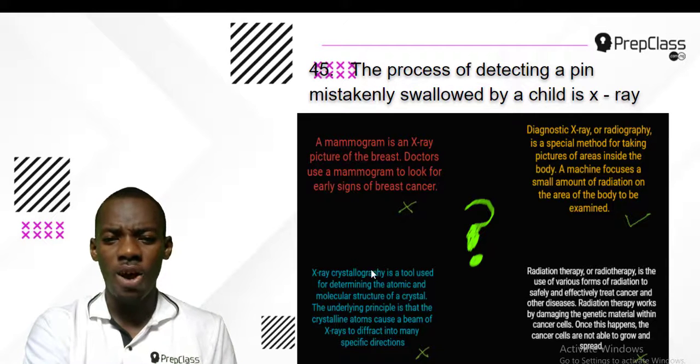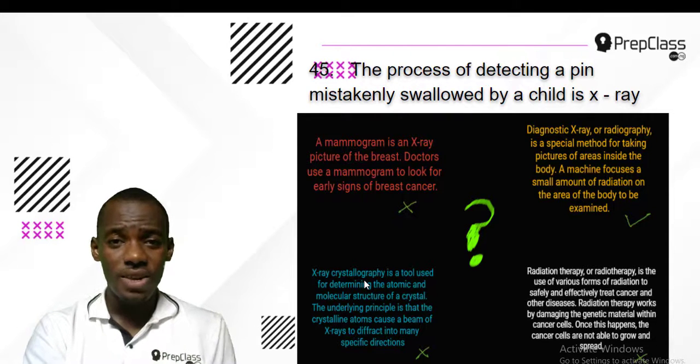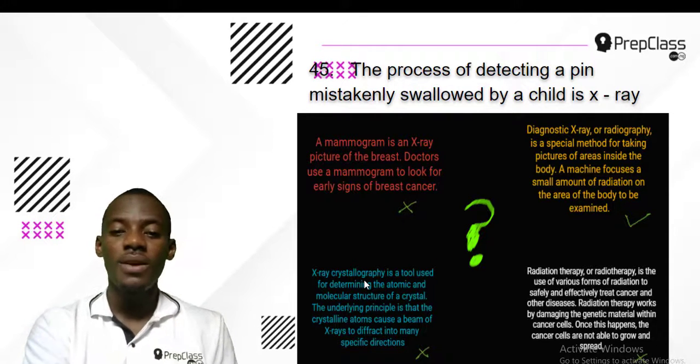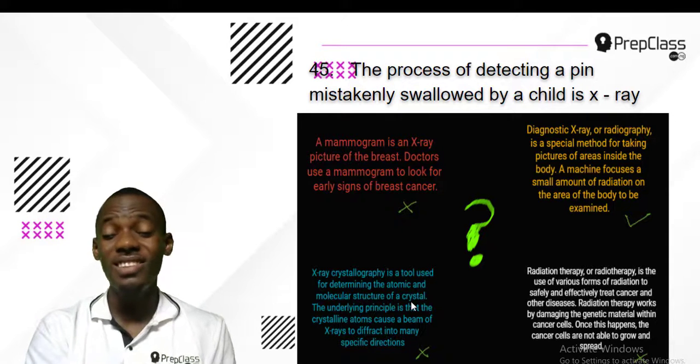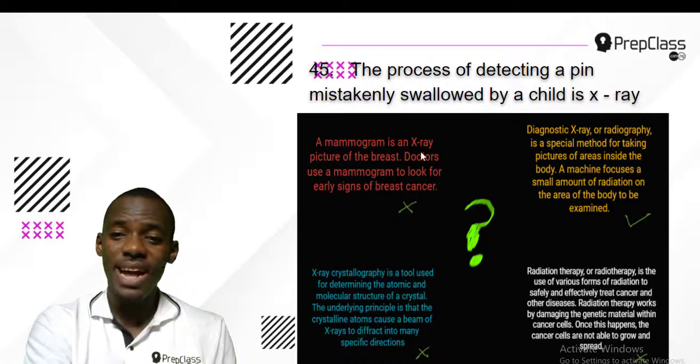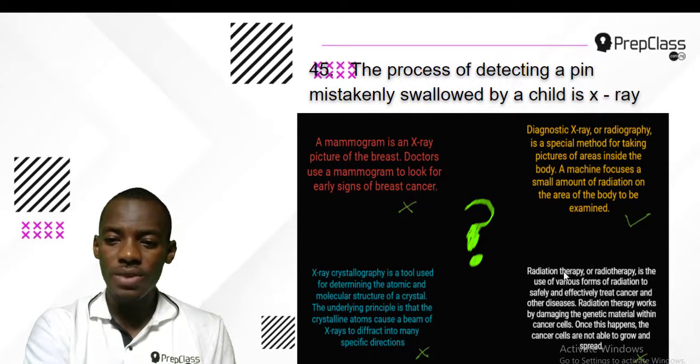Now let's check out the others. We have X-ray crystallography. Even from the word crystallography, you will know that it has to do with crystals. It's a tool used to determine the atomic and molecular structure of a crystal. This is limited to crystal. Now, this question is not a crystal question, so this is off. Then radiotherapy, or radiation therapy, is the use of various forms of radiation to safely and effectively treat cancer.